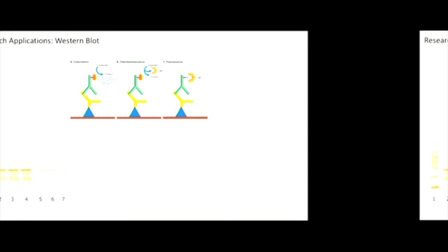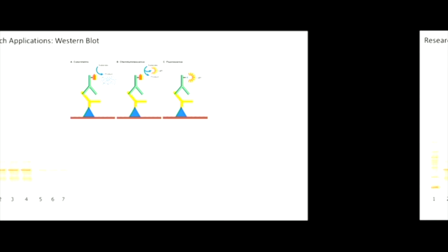Does that make a little more sense? So this would be your primary antibody. This would be your secondary antibody. When you hear people talking about the primary antibody species they used or the secondary antibody, it's just what order you're using it to detect your antigen of interest.